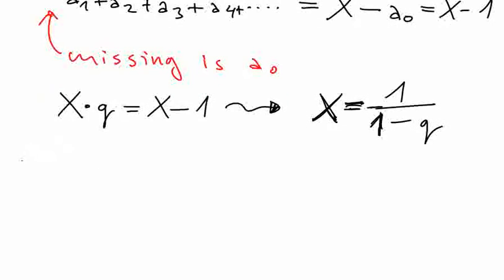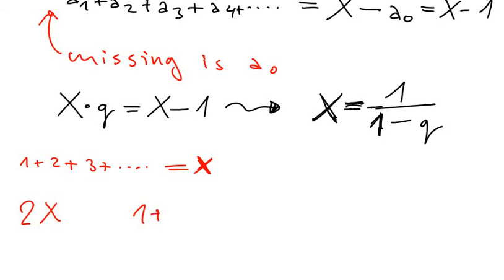So, for example, we could use the same approach on an arithmetic series like this. If this would be equal to q, then what we can do is take q and multiply it by 2, and we would obtain 2 plus 4 plus 6 plus 8 plus 10 and so on.